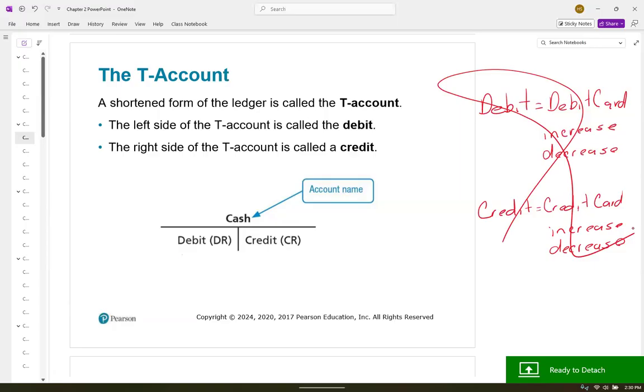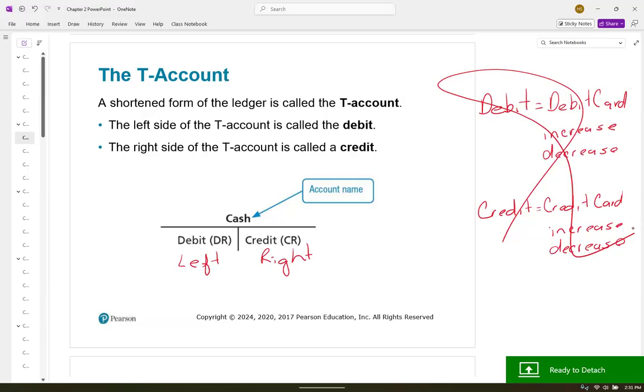A debit is the left and a credit is the right. If I could just take the words debit and credit out and just say left and right, I think my job might be just a little bit easier, because other industries have taken our accounting terms and used them for other things. And that's not what they mean in the accounting classroom.